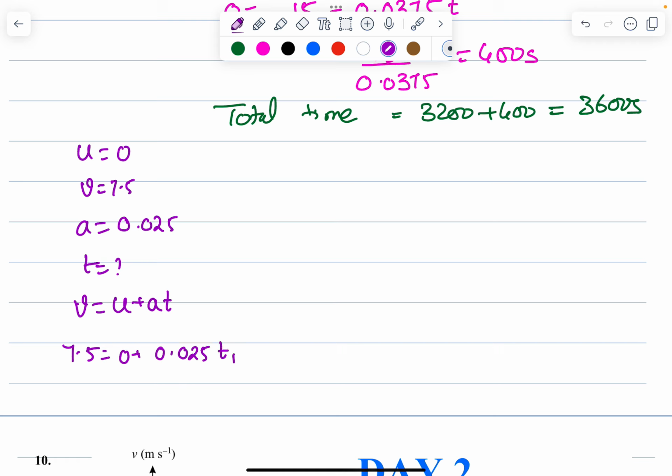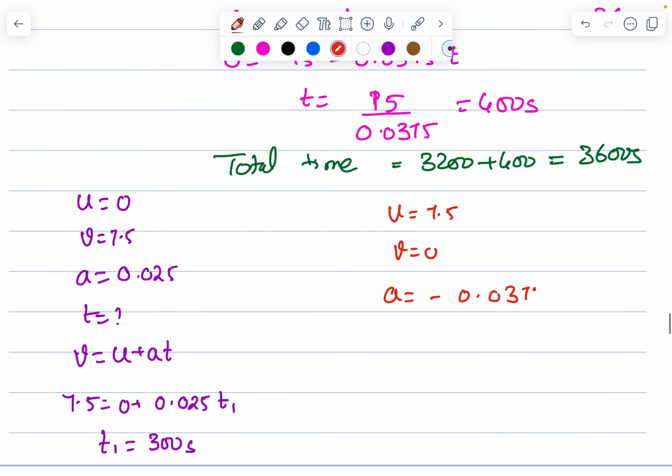So 7.5 divided by 0.025 gives t1 equals 300 seconds. Now, while coming backwards, u equals 7.5, v equals 0, deceleration is minus 0.0375, and time equals t2. So v equals u plus at, 0 equals 7.5 minus 0.0375 t2. So t2 is 7.5 divided by 0.0375, which is 200 seconds.